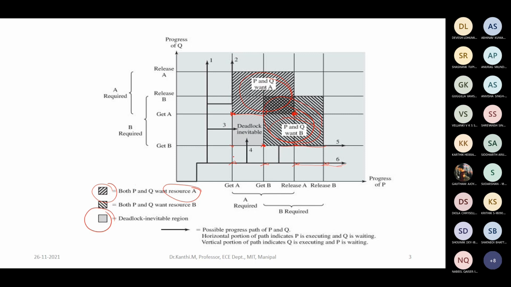Because here B is with Q and A is with P, and if they want any of the resources, they cannot get them. One resource is with one process, another resource is with another process, and both have not yet released, and that is the situation where you cannot avoid the deadlock.